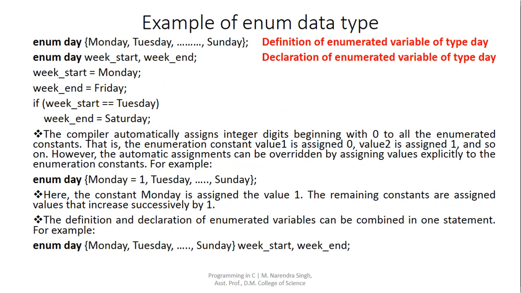Now let's see an example of use of enum data type to understand it more. The first statement, enum day {Monday, Tuesday, and so on up to Sunday}; defines a new enumerated data type called day, which can take one of the enumeration constants Monday, Tuesday, and so on up to Sunday.